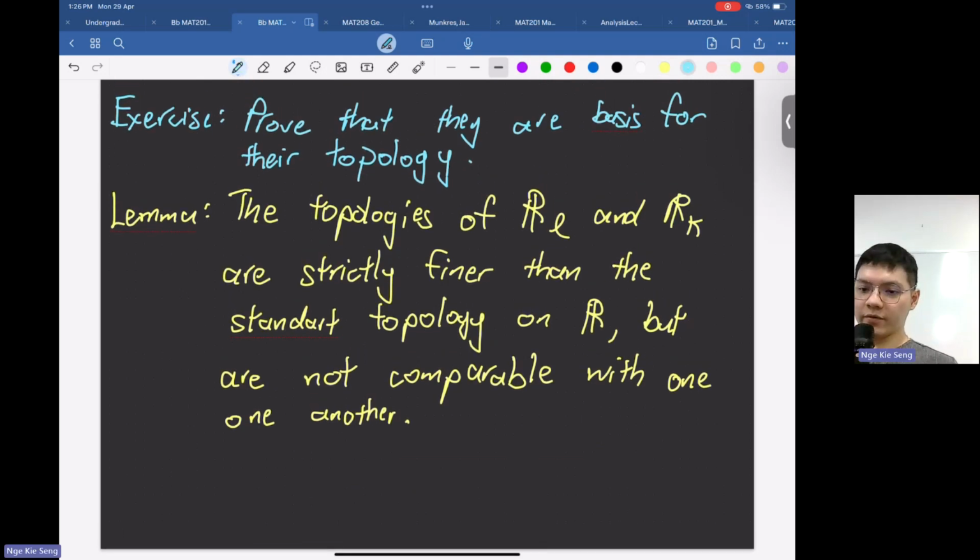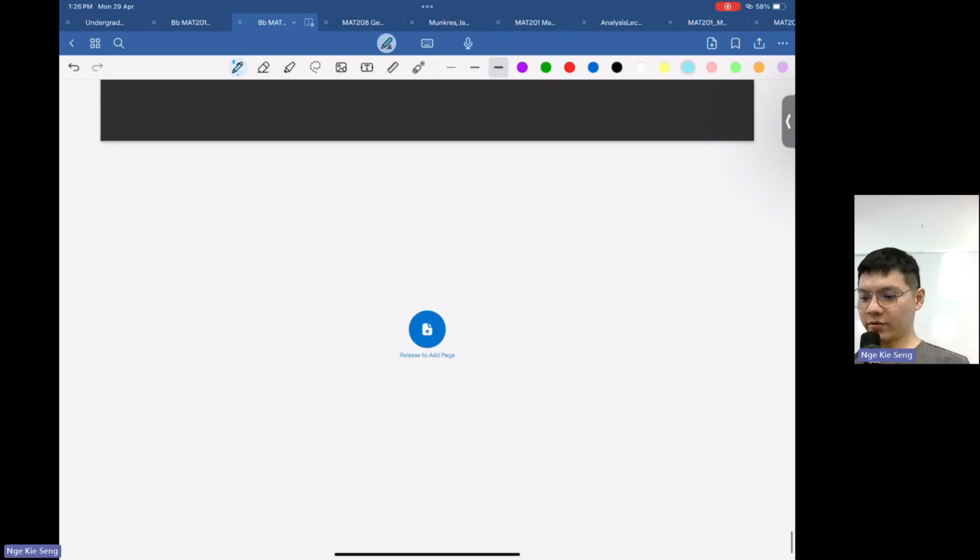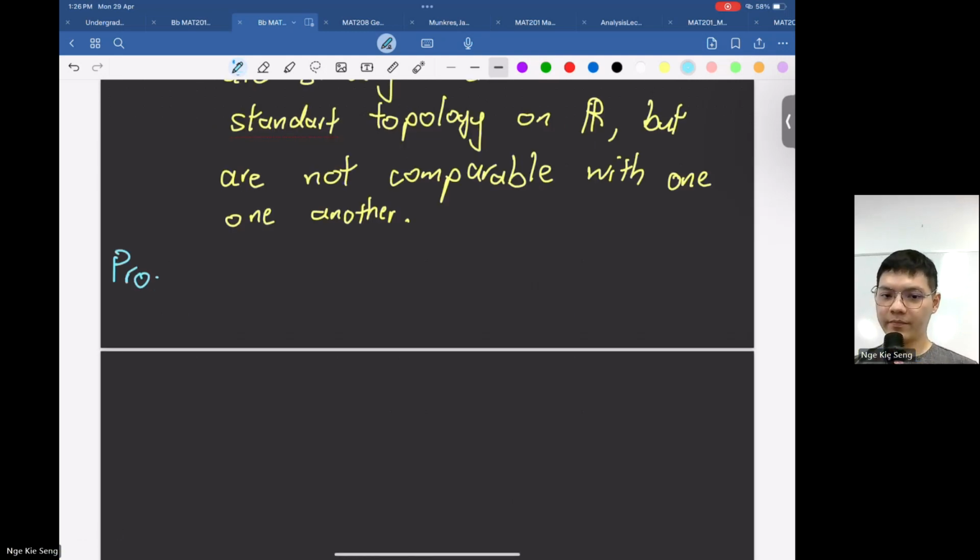I'll give you maybe 3 minutes to think about this. So what do you need to prove here? You need to show that R_L contains R, right?